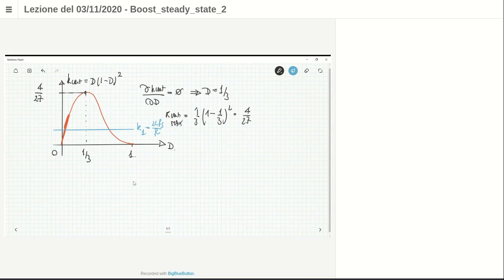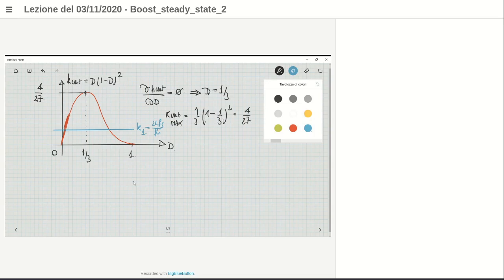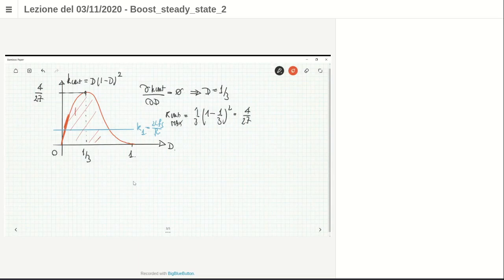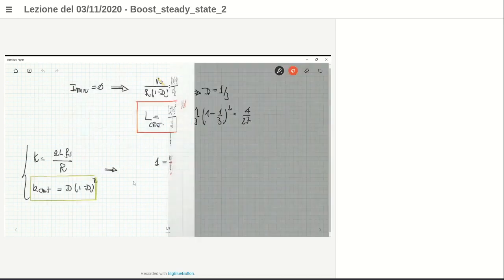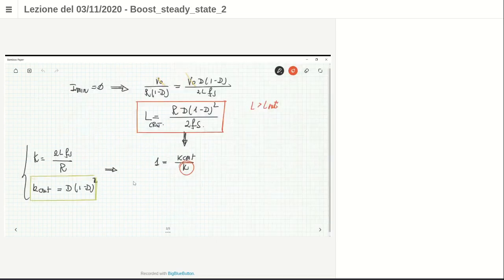As you can see here, there is a region in which K is less than K critical, and so if you are in the situation in which K is less than K critical, you are in the DCM operating mode.